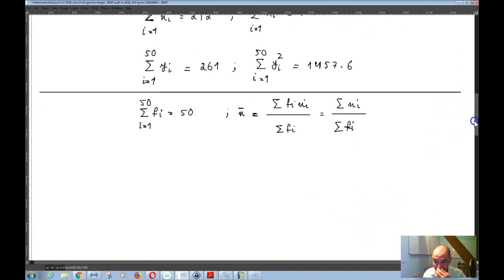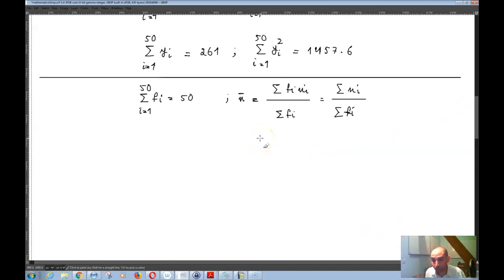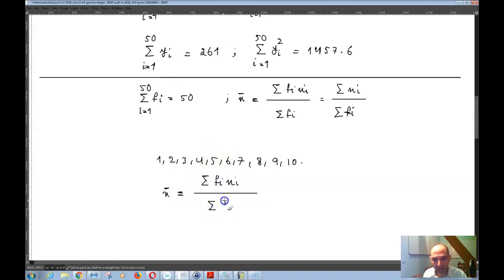And the reason for that, if you want to get into that, is this: suppose that, for example, you have 1, 2, 3, 4, 5, 6, 7, 8, 9, and 10. You have these observations. The frequency of each of these observations is 1. The x bar over here would be sigma f of i x of i divided by sigma f of i.